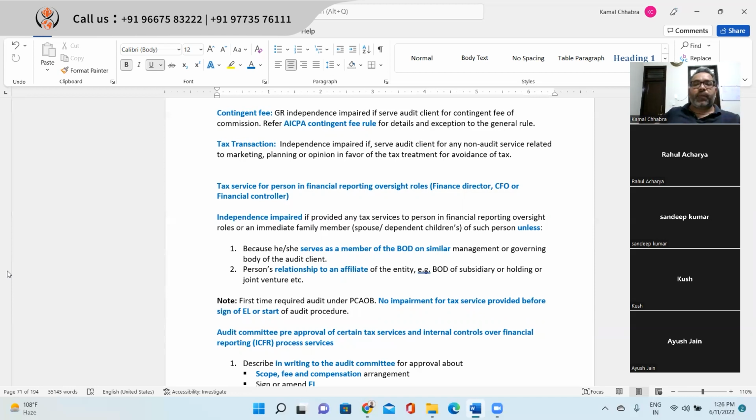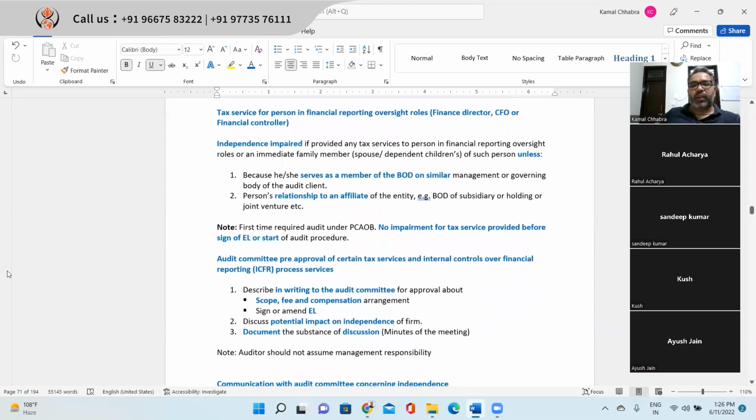Tax services for a person in a financial reporting oversight role, right? For example, any company which is a listed company or issuer company has, let's say, a finance director, CEO, CFO, finance controller, managing director, right?